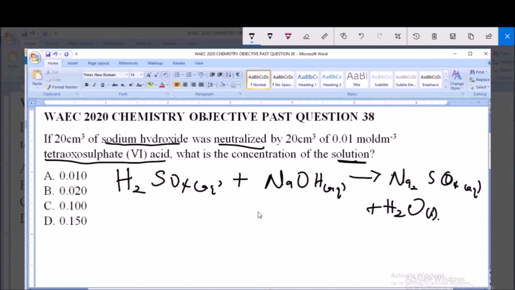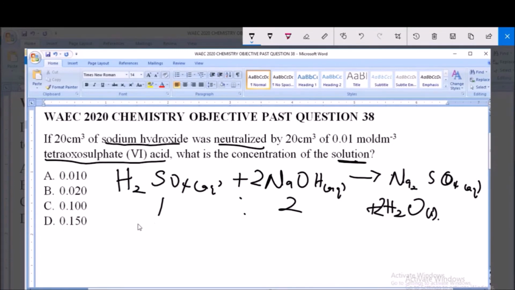So to balance the reaction, you have 2 moles of this and 2 moles of water. This is the equation of the reaction. Now the molar ratio of both reactants is 1:2.